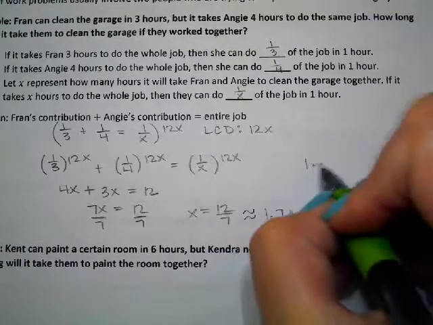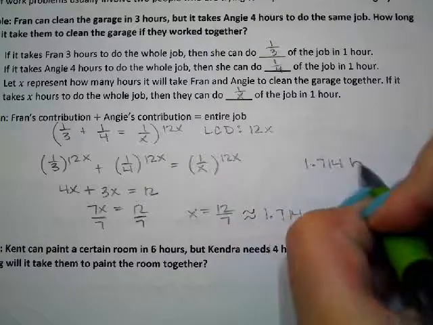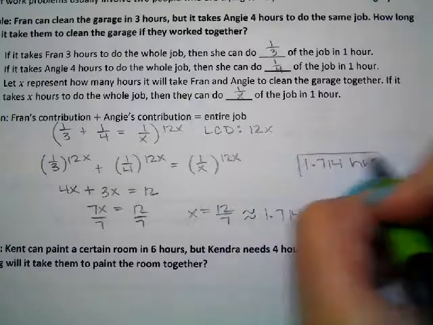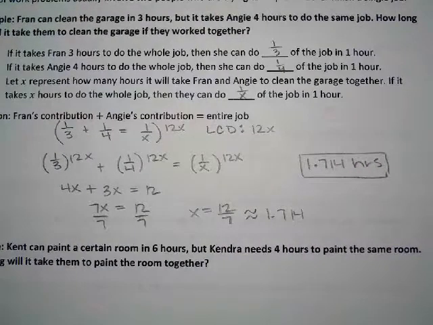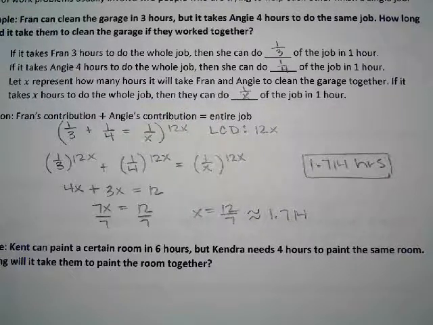So I'm just going to say 1.714 hours and call that a good answer. And we know that since these are story problems, story answers make more sense. I'm not going to write sentences in this video just to keep the video a little bit shorter.